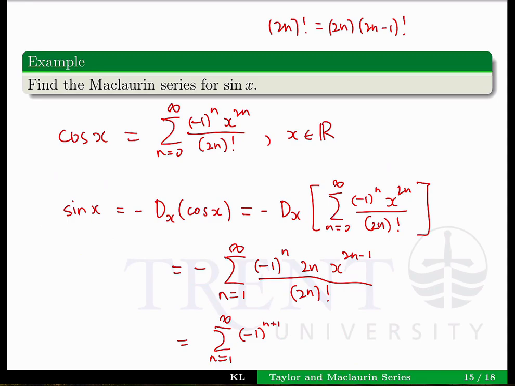And then we will have here x to the 2n minus 1, divided by the 2n will cancel. Like I said, this 2n from here will cancel the 2n here. So the denominator is 2n minus 1 factorial. And notice that this power is still the same as this one here.